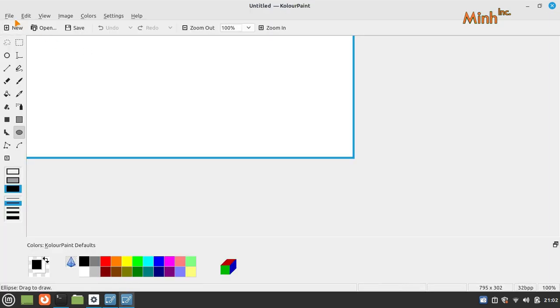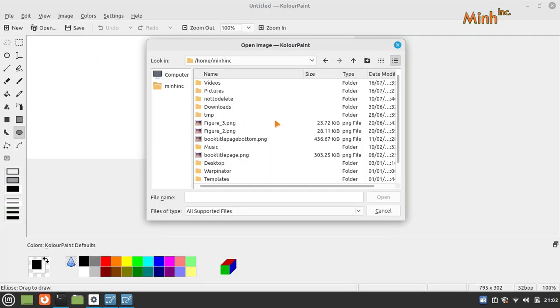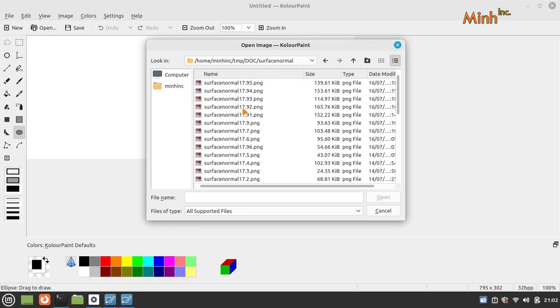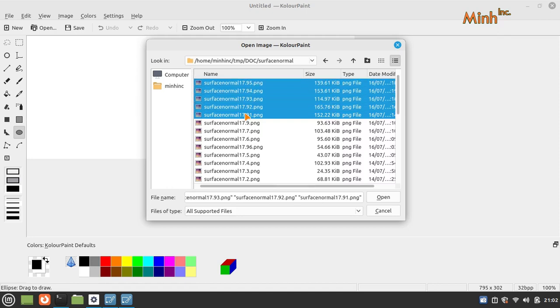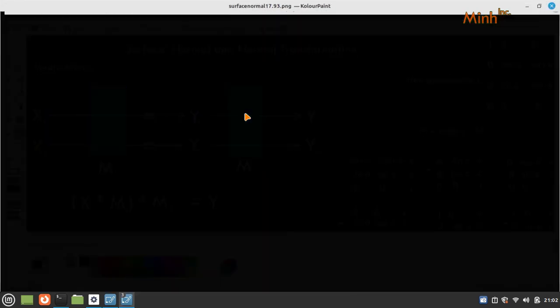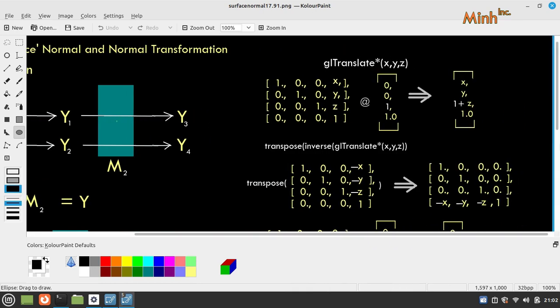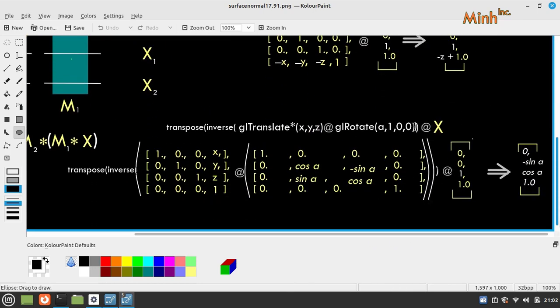Okay, so we are calculating this, and that will find the output.